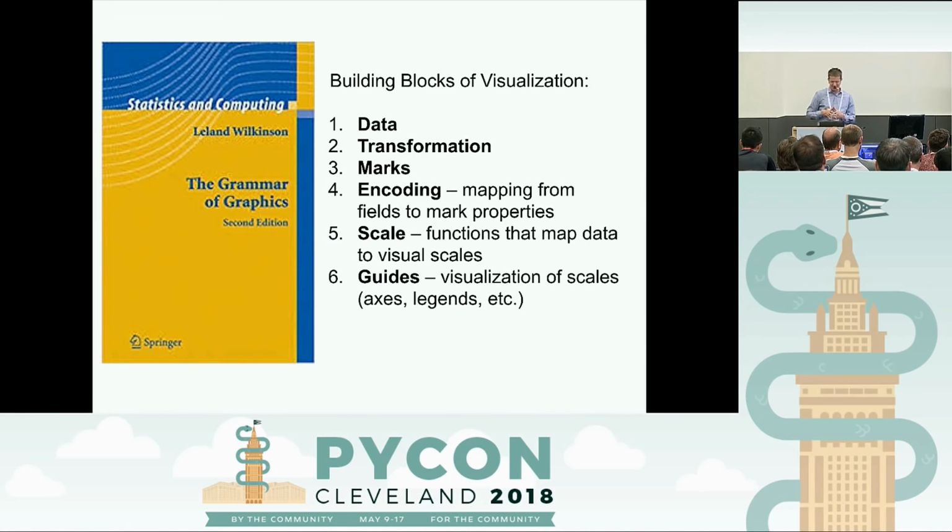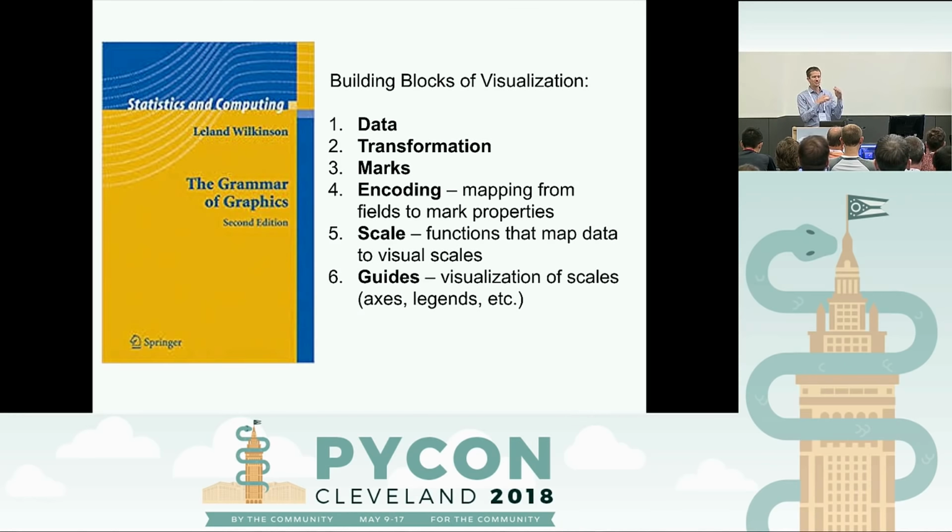The idea here is that in the process of visualizing data, you start with the data, and then you transform the data. You have to figure out what marks represent the data. You figure out how to encode the essential pieces of the data into visual properties on the screen, whether that's X or Y, or the color of a point, or the size of a point.